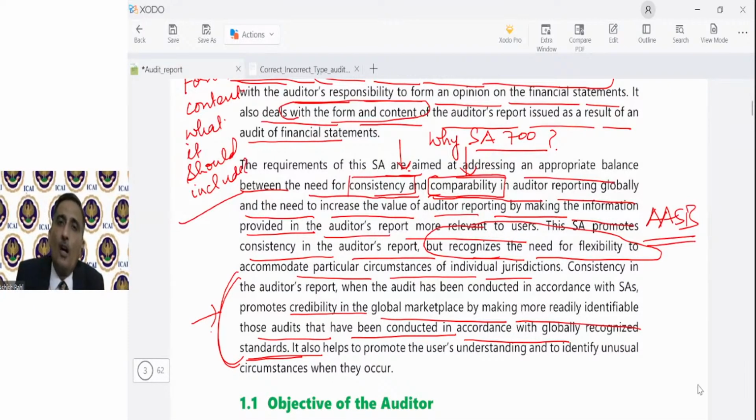Okay, so the purpose of standards is also to promote consistency and uniformity worldwide, so that audit reports issued for various companies, organizations and entities give some sort of standardized look, and users are in a position to better understand them. Is that clear to you guys?